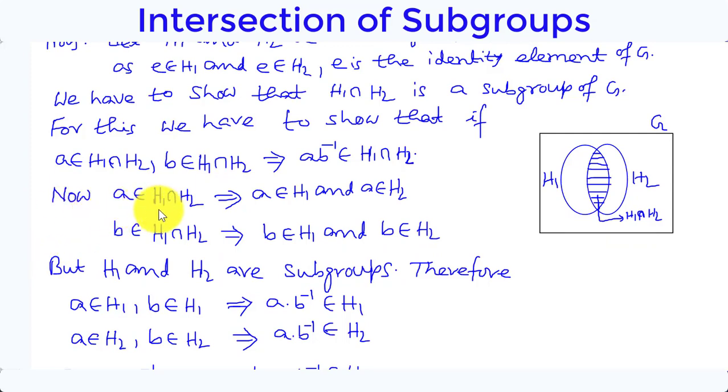Now A belongs to H1 intersection H2 implies that A belongs to H1 and A belongs to H2. B belongs to H1 intersection H2 implies that B belongs to H1 and B belongs to H2.